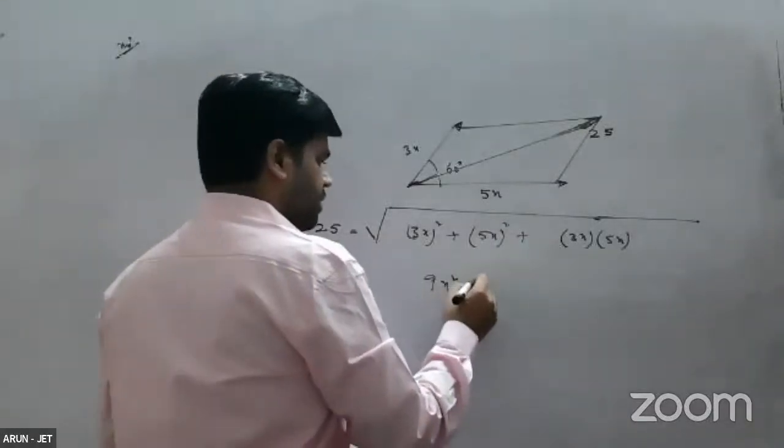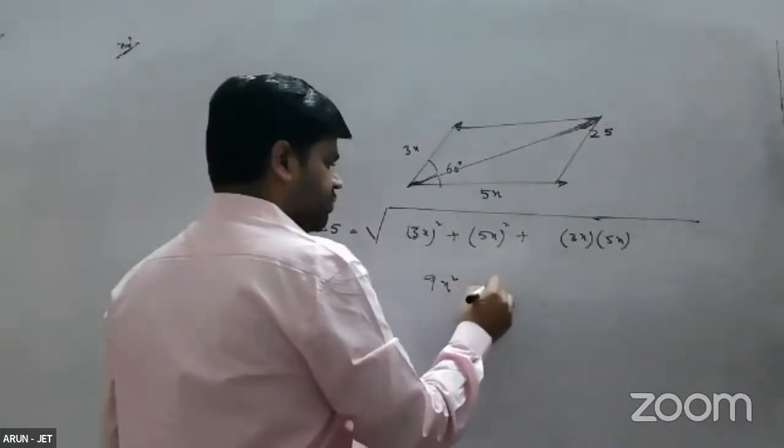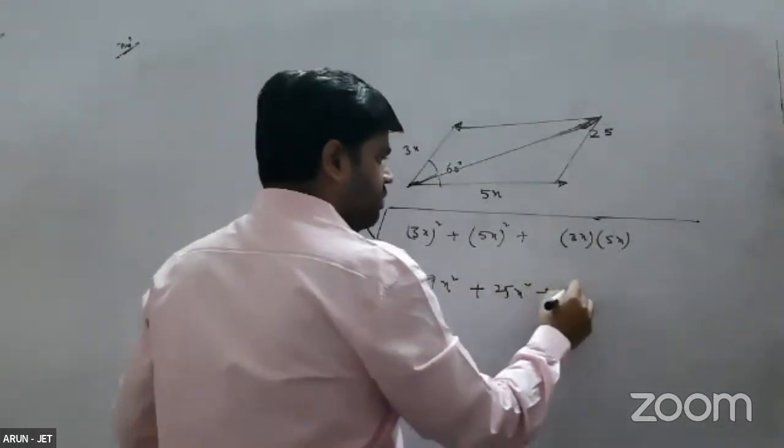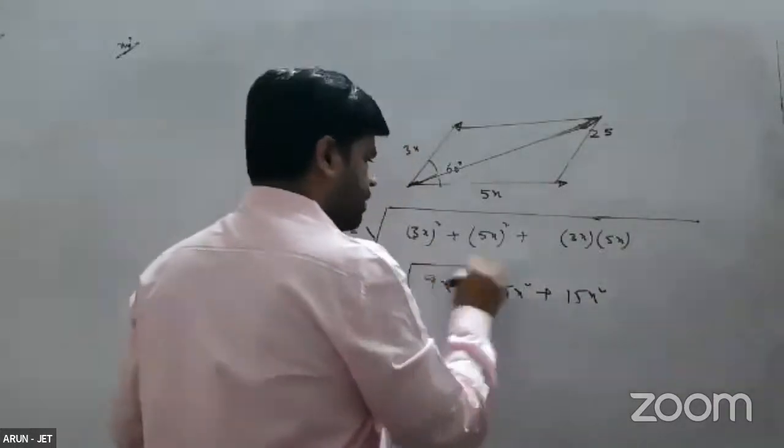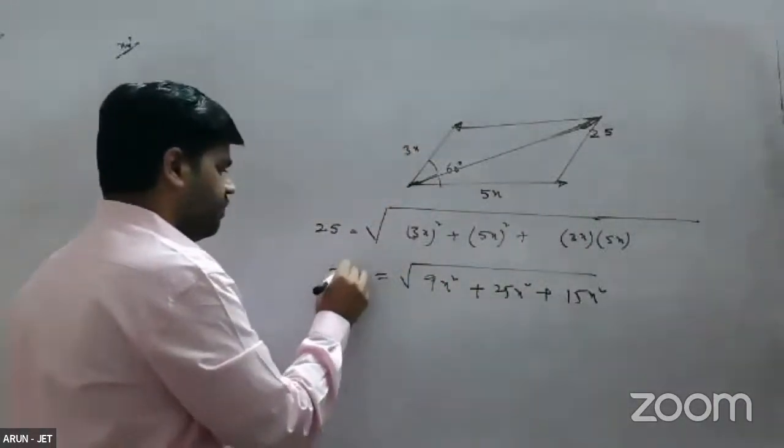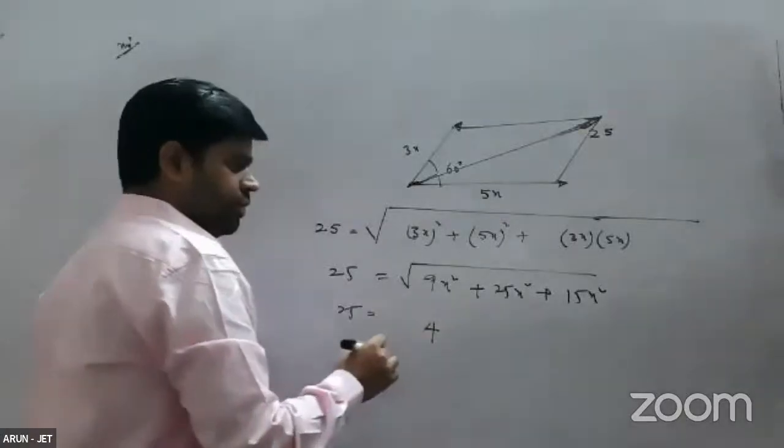Yes, that's right. So 9x square plus 25x square plus 15x square, under root, is 25. So 25 is equal to, how much is this? 34x square plus 15x square. 49 or 44?